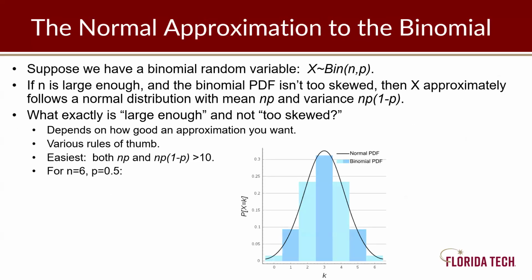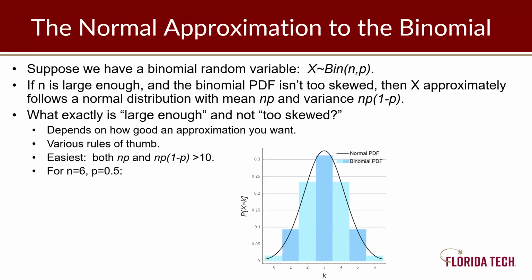So one example of this is the normal approximation of the binomial, which I believe we've mentioned before. For a binomial random variable, x is binomial with n and p as the parameters.